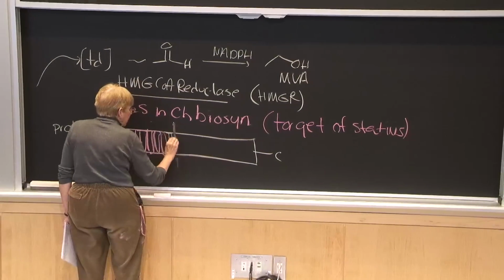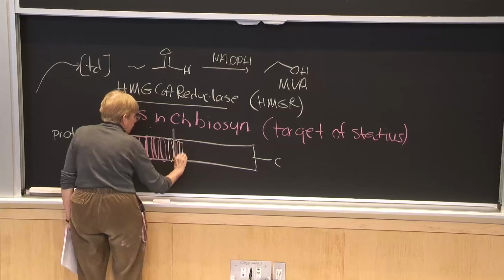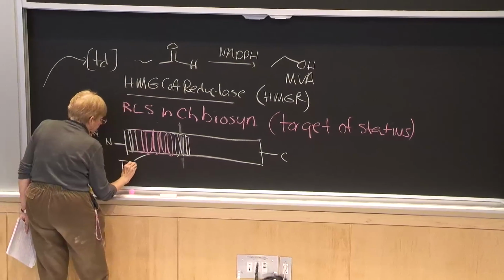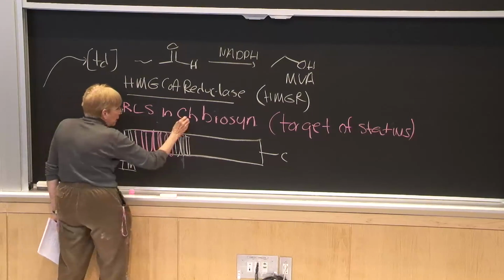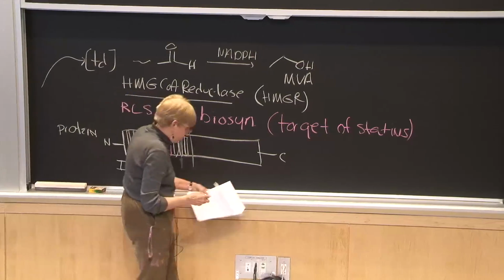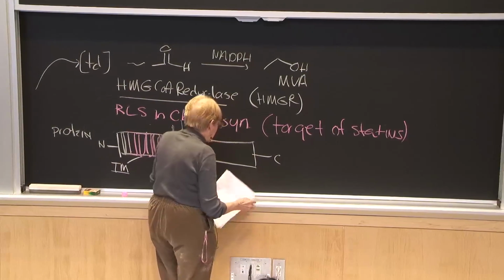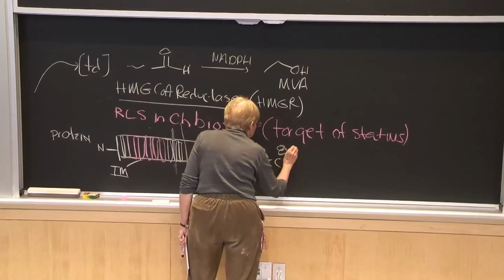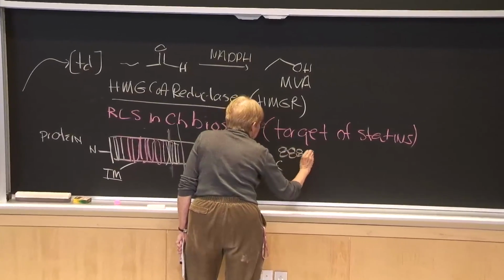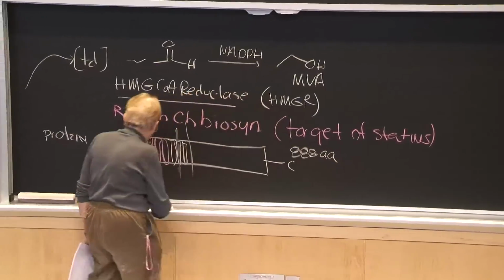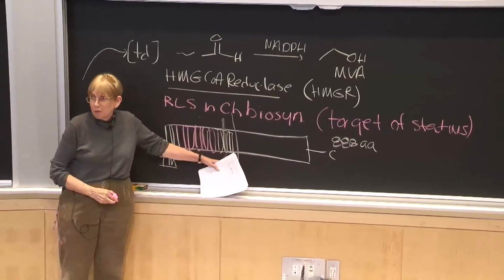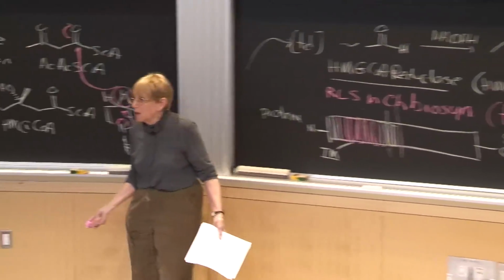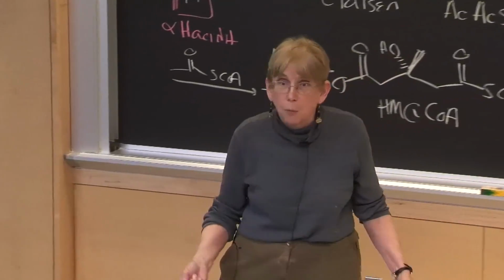So it has 8 transmembrane helices. And the protein itself is, again, 888 amino acids. And what's interesting about this, if you have this many transmembrane helices, where's the protein going to be located? It's going to be located in a membrane.